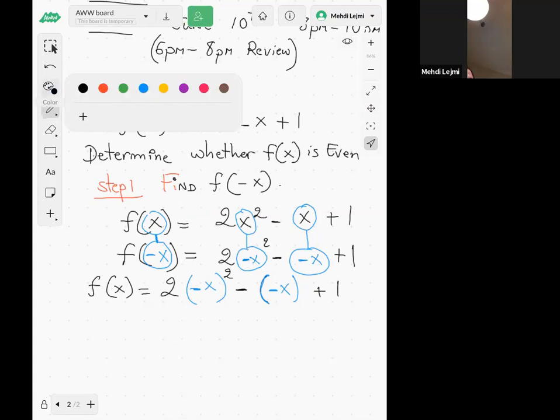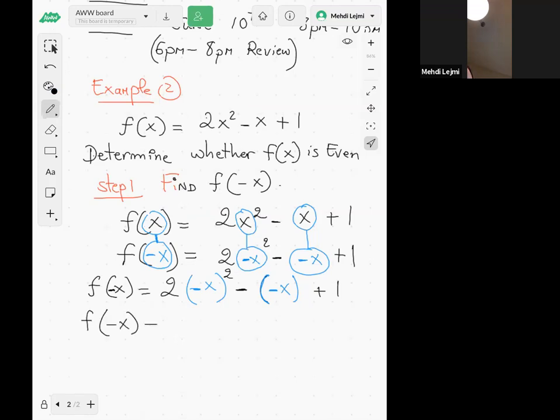Now, this is f of minus x, of course. So f of minus x is equal to 2 times minus x squared, because the power is even, this is a square, of course, this is even. Then it's going to be plus x squared.